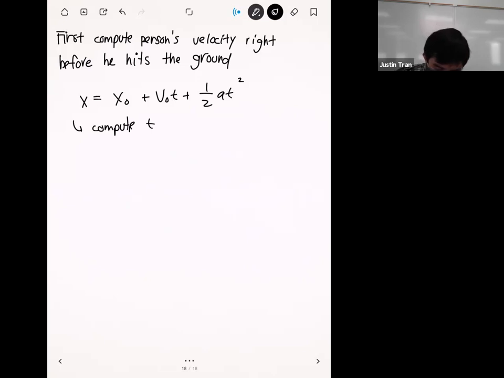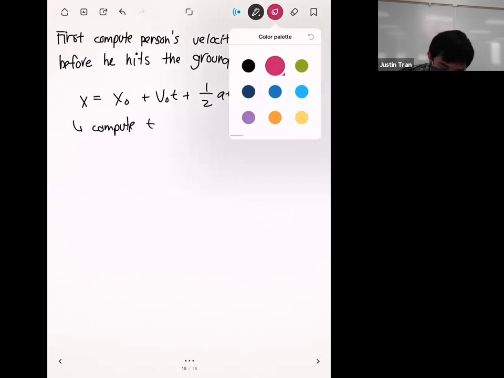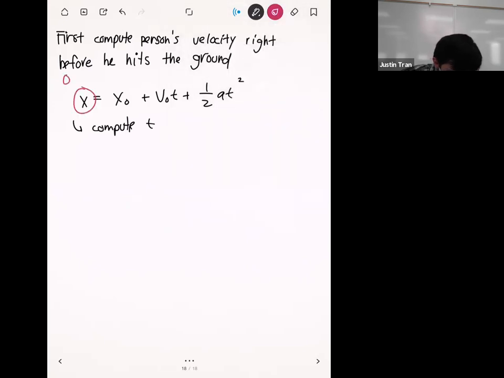So we can plug in x equal to 0.7 meters. We assume no initial displacement and no initial velocity, so this person is basically jumping off from a standstill.